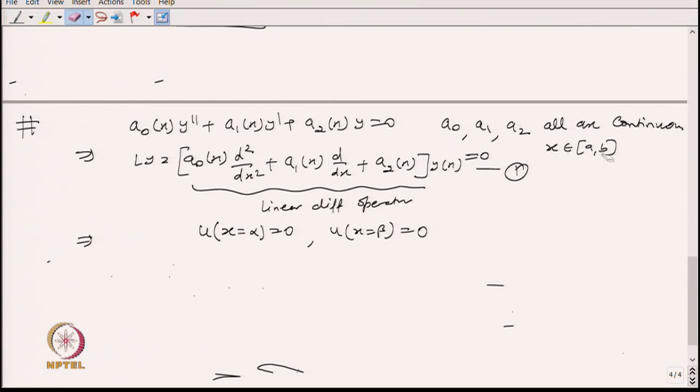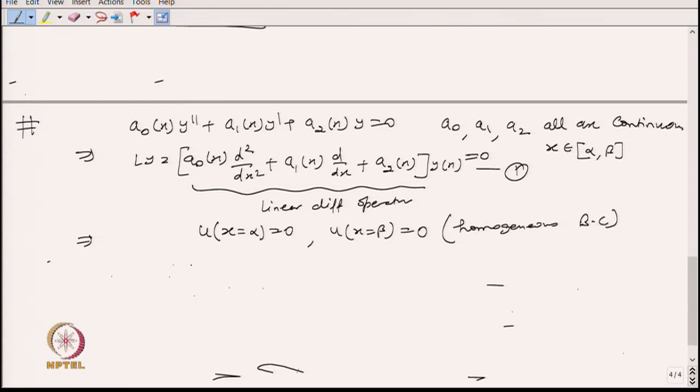Because I am taking alpha and beta here, I should define them. So, I define the boundary condition that u at x equal to alpha is 0 and u at x equal to beta is 0. I am taking this as a homogeneous boundary condition.